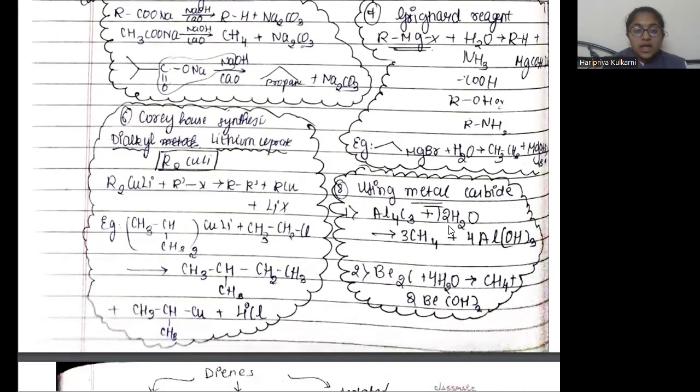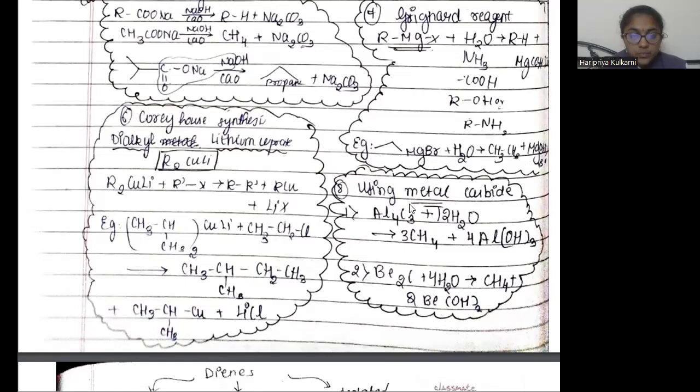Sixth is Corey-House synthesis. Here we have a dialkyl lithium cuprate, R2CuLi, which reacts with an alkyl halide R'X. R and R' are two different alkyl groups, and we get the alkane R-R' plus RCu plus LiX. For example, take (CH3)2CuLi, because it is dialkyl, so this is my first R. What is my second R?